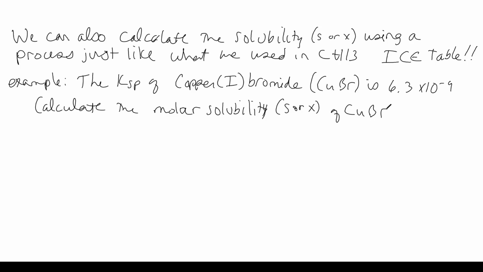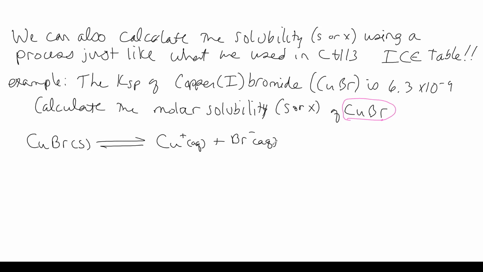Okay, so the way that we start these problems is we go to our compound that we have in solution, and what we're going to do is write out the chemical equation, so that equilibrium for it. So here's copper bromide, and it's going to be in equilibrium with copper cations and bromide anions.